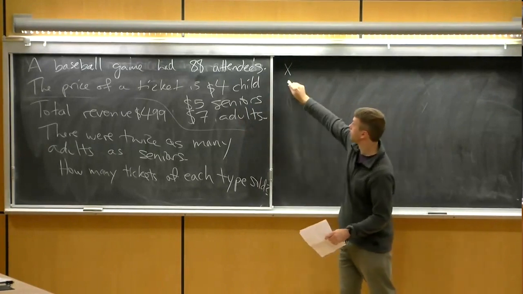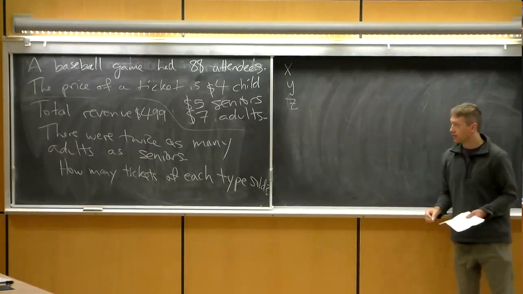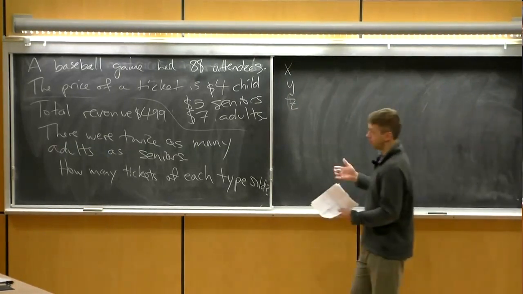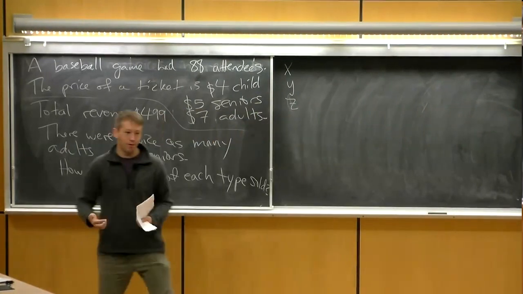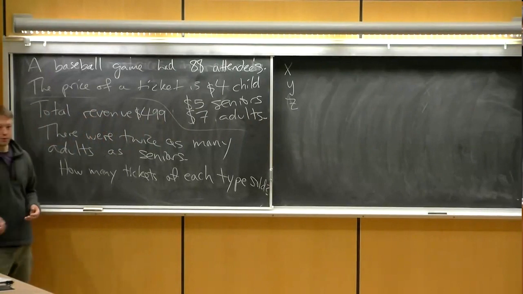I'm gonna have some sort of variables to represent something in this problem, right? We want to know the unknowns here, we have 3 unknowns.